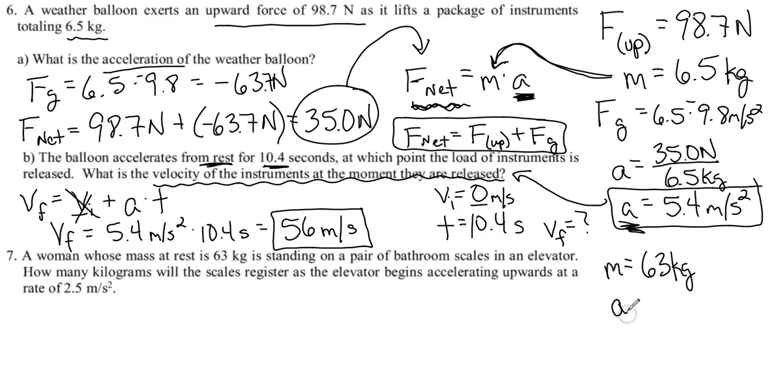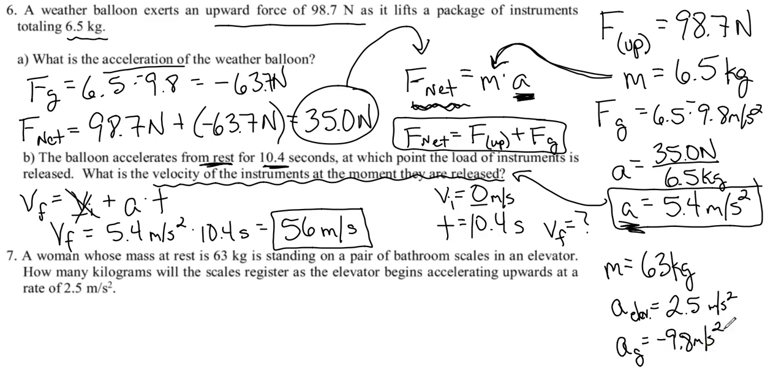So the acceleration of the elevator is 2.5 meters per second squared. Don't forget, acceleration due to gravity is negative 9.8 meters per second squared.